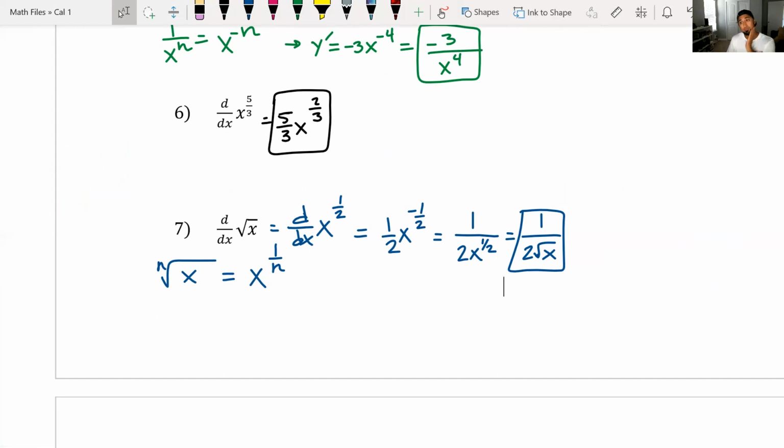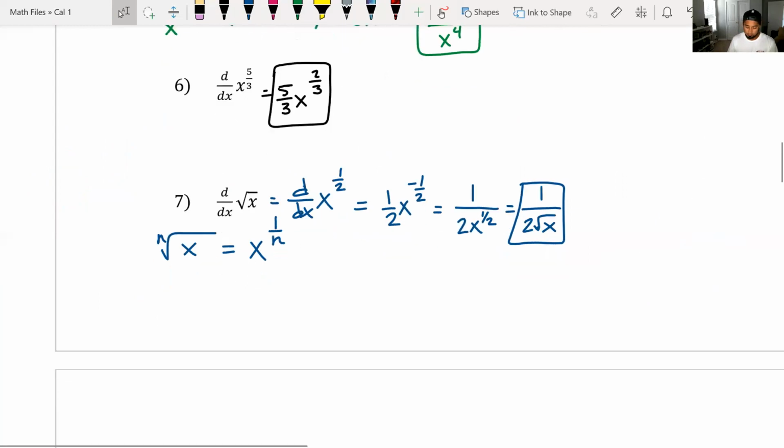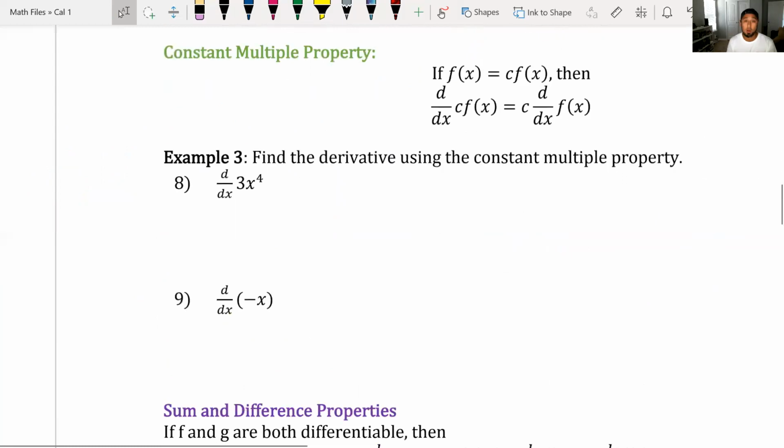All right. Next rule is the constant multiple property. Okay. So this says if you have a coefficient in front of your function, take the coefficient, move it to the side, take the derivative, and multiply that coefficient back in. It's just the same as we did for limits, right?